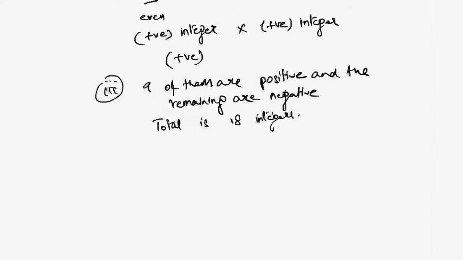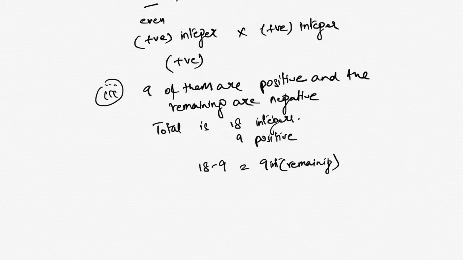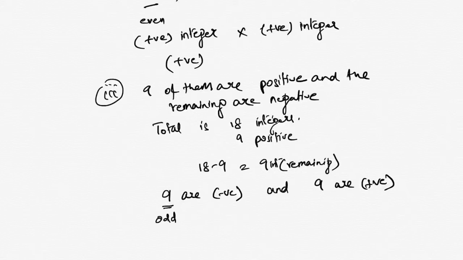Okay, now 9 are positive, that means 18 minus 9 is 9. 9 is the remaining. Okay, 9 integers are remaining. So now that means that 9 are negative and 9 are positive. So I told you 9 is an odd number. So odd means, very good, negative. And here it doesn't matter odd or even.